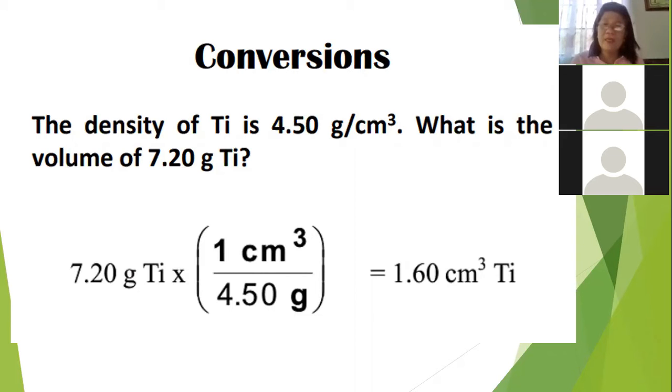That is 1,000 grams. In 1 pound, how many grams? That is 454 grams. You should know the different conversion factors, conversion units.